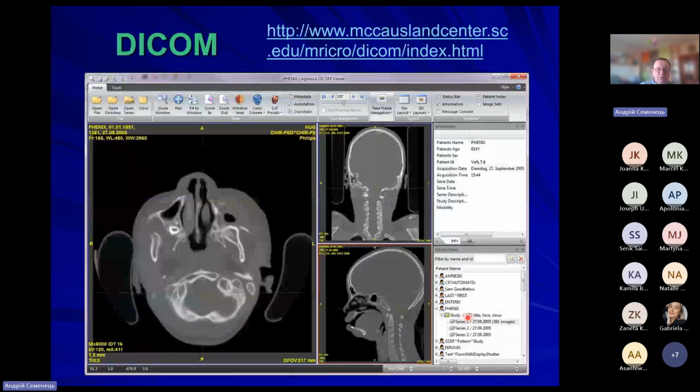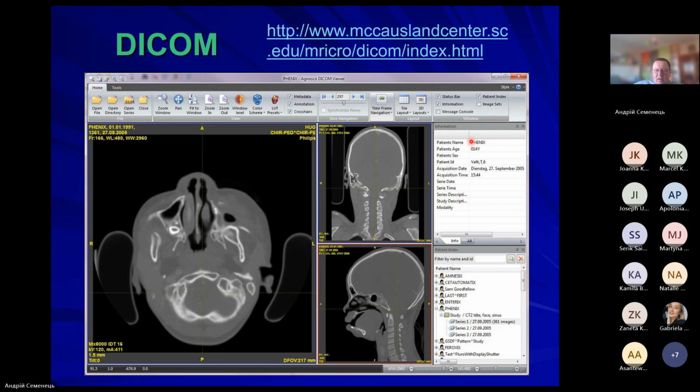So there is a lot of things. What is most important? It's the service information which could be available. But as you can see, what is the main problem with DICOM? Lack of annotation.